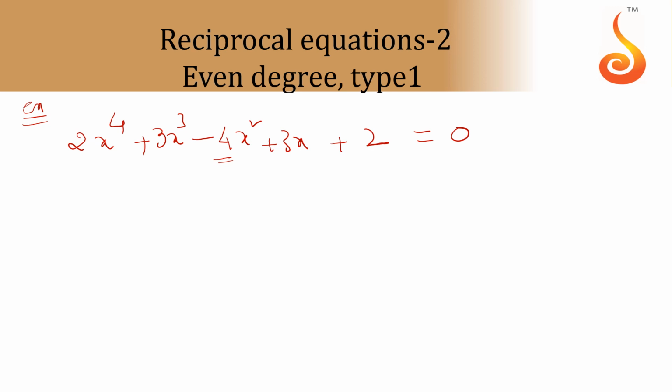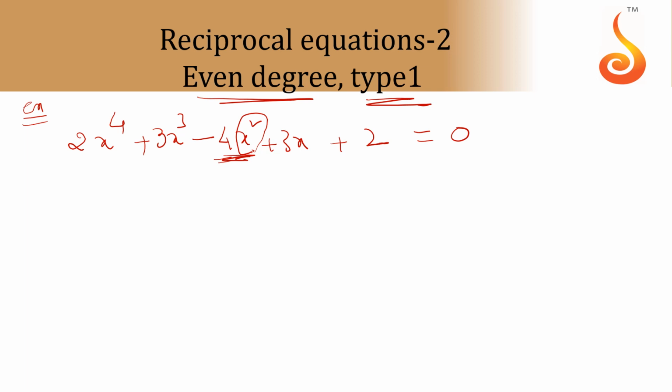This is called reciprocal equation of even degree type 1. So how to solve this? The procedure to solve even degree type 1 is divide with the middle term. Not with 4, only with x square. So really speaking, what is the degree? With half of the degree term you have to divide.